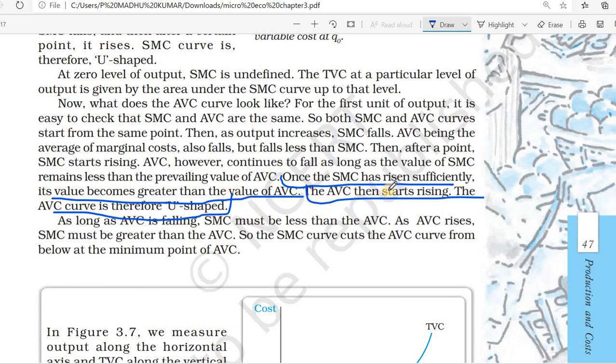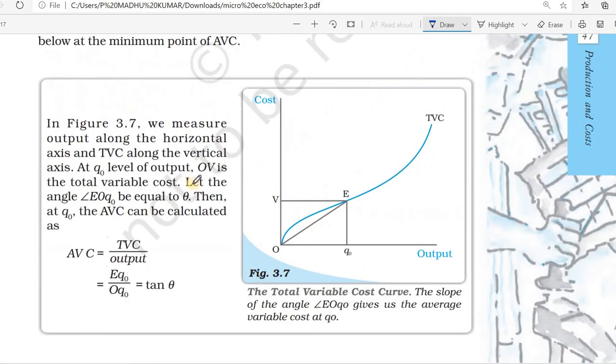Then we need to understand one thing: SMC and AVC curves are in U-shape. As long as AVC is falling, SMC must be less than the AVC, and as AVC rises, SMC must be greater than the AVC.